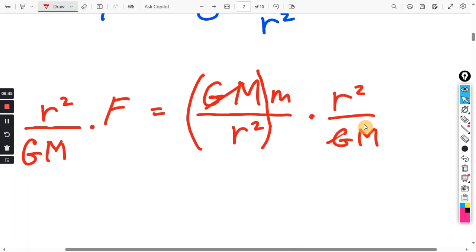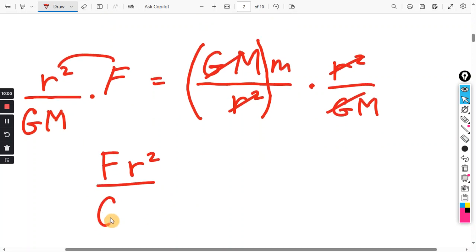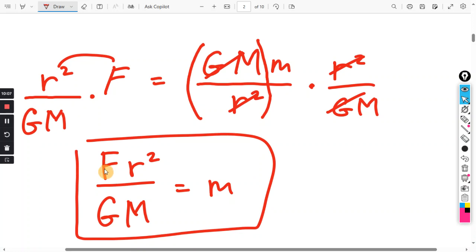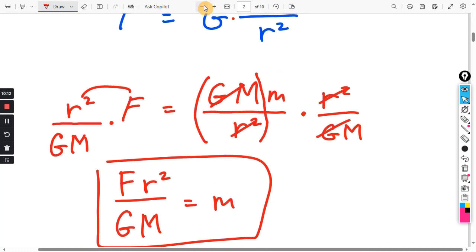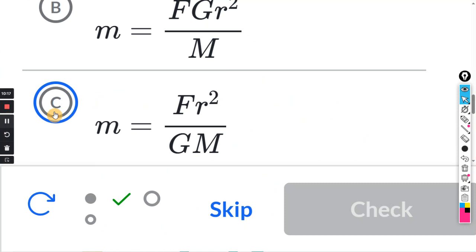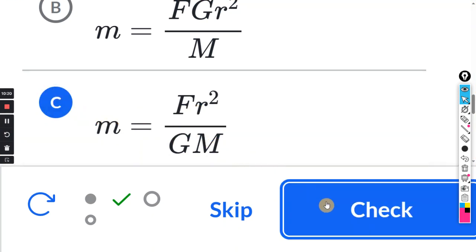GM over GM cancels, r squared over r squared cancels. M equals this mess right here. It's going to be F times r squared in the numerator, and that is divided by capital GM in the denominator, and that is your lowercase m. They might have the answer so the F is out front, but like I said, that's really just the same thing. All right, F r squared over GM. Answer C, F r squared over GM.